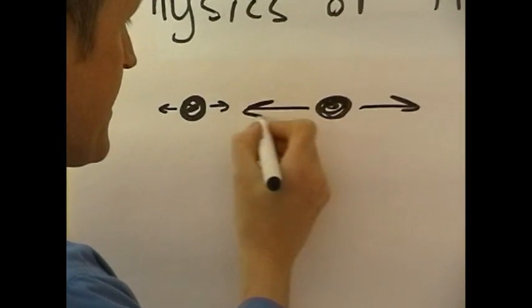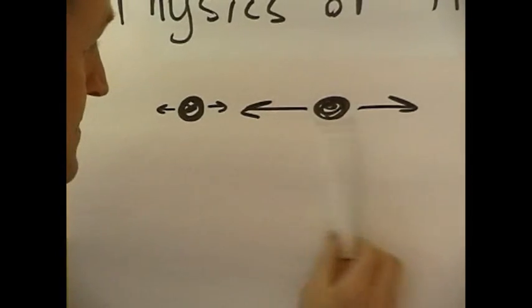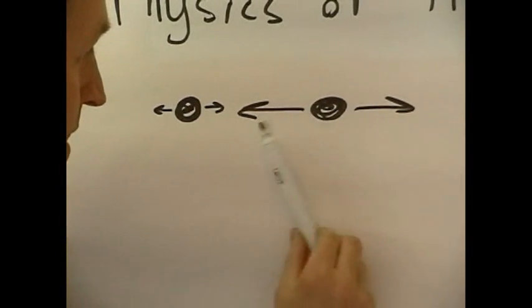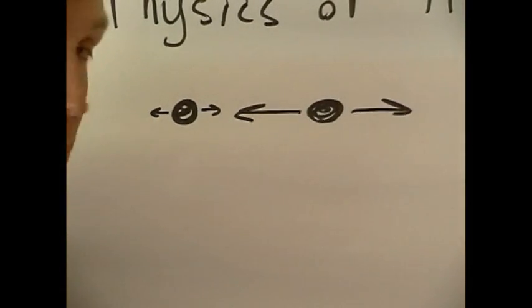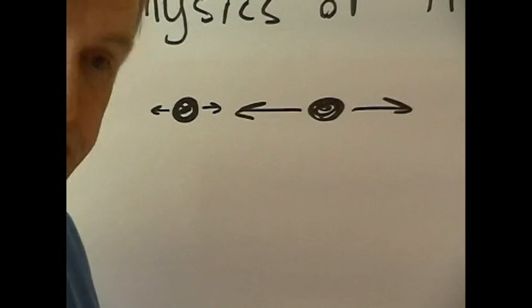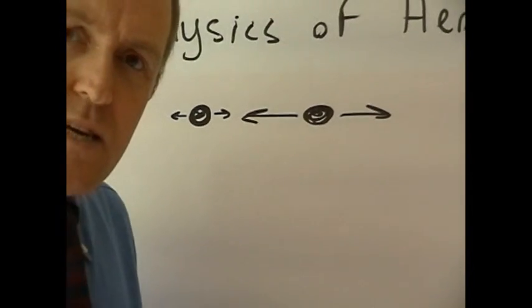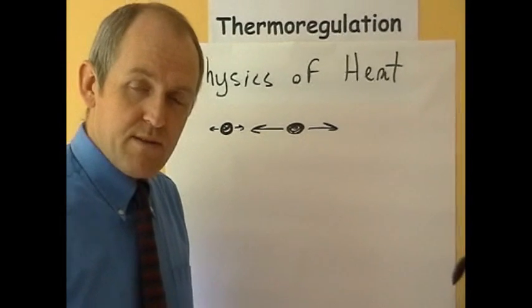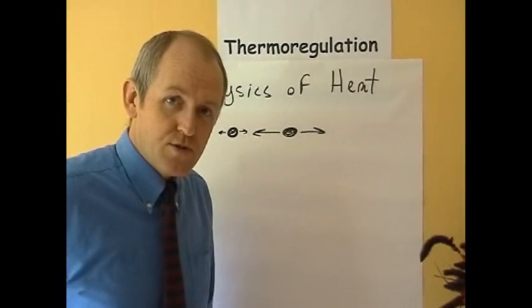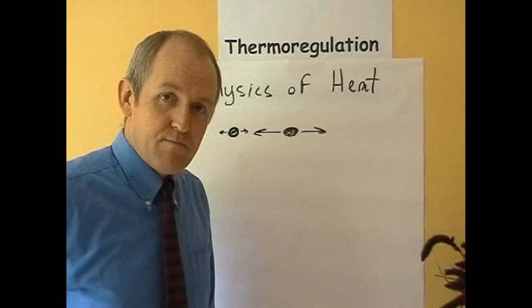They will be vibrating to a greater amount, something like this. And hence the vibrating water molecules will contain more heat energy. So heat is the molecular vibration, or the atomic vibration, of the microparticles composing the individual piece of matter.